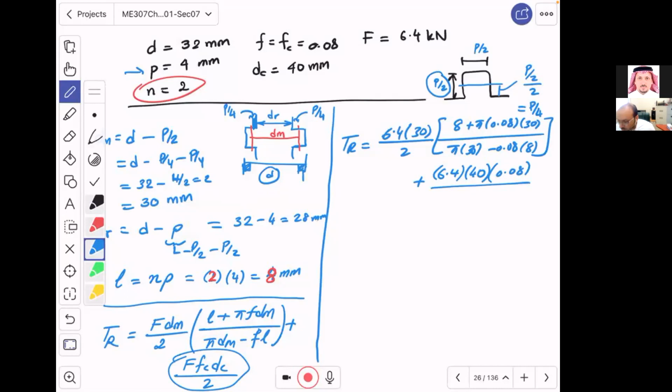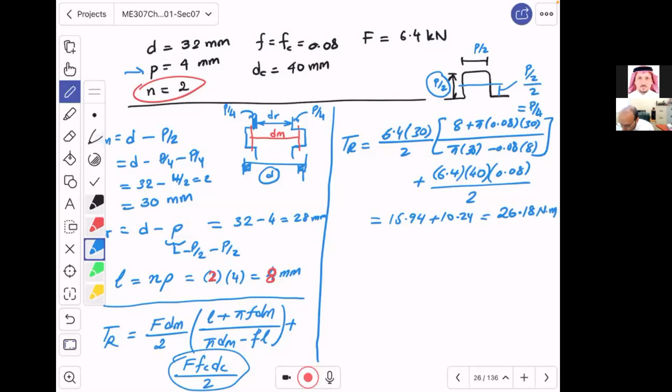All of this is going to be 15.94 plus 10.24, which is equal to 26.18 Newton meter.